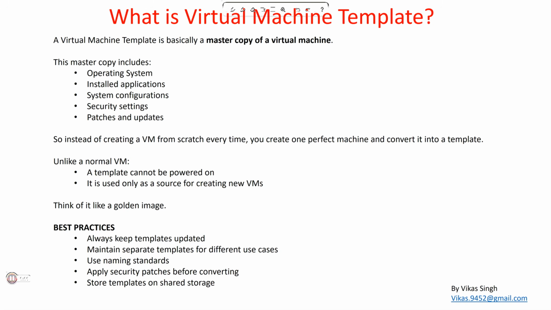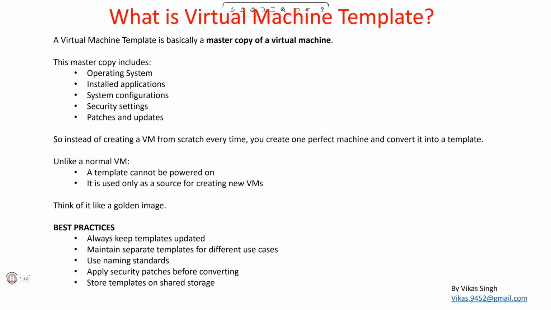So instead of creating a VM from scratch every time, you can create one perfect machine and convert that virtual machine into a template. One important thing to understand: a template cannot be powered on, so it is only used as a source to deploy a new virtual machine. You can think of a template as a golden image for your infrastructure to deploy multiple virtual machines by using the same template.